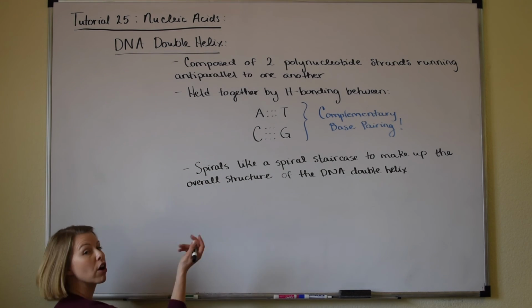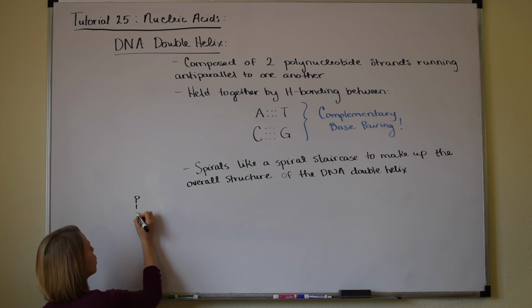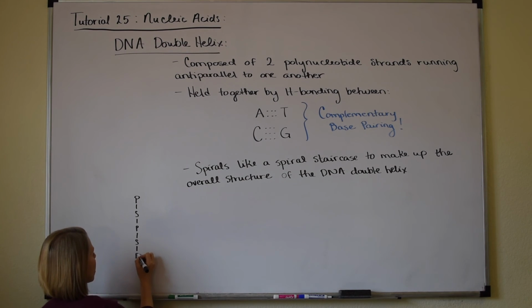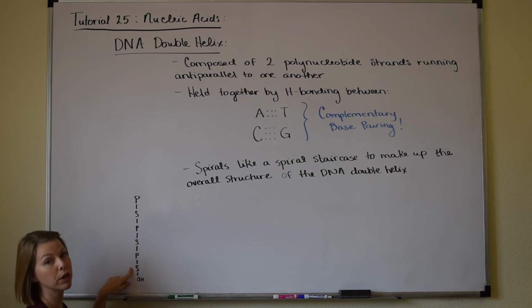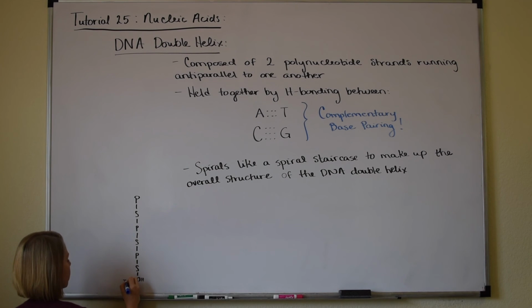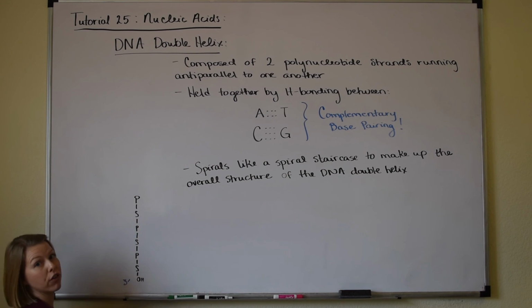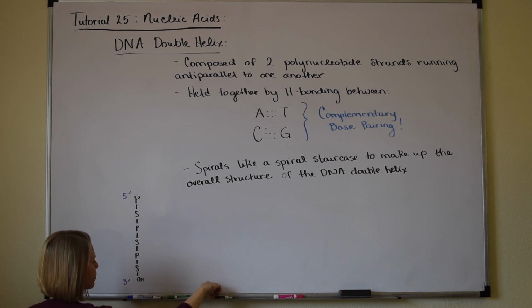Okay, so we already know that our backbone will be phosphate, sugar, phosphate, sugar, phosphate, sugar, and so on. And then at our free sugar will be our 3' end, and it will have a free OH group. So I'm going to label this 3', and that our free phosphate is going to be the 5' position.